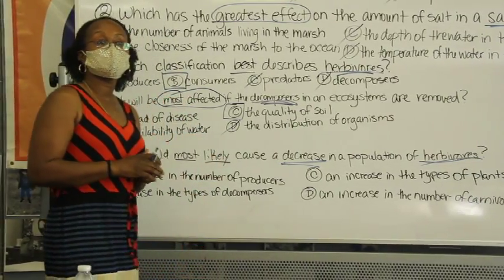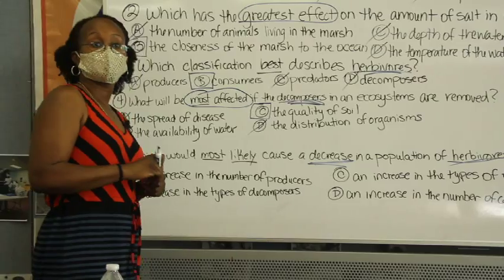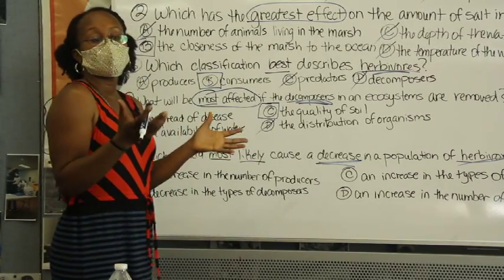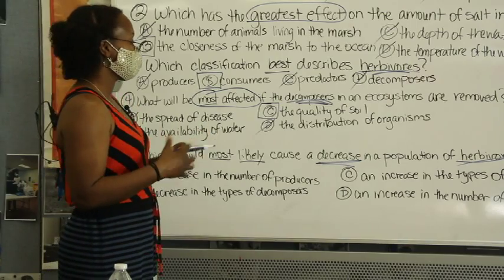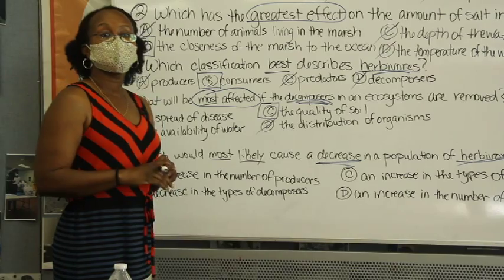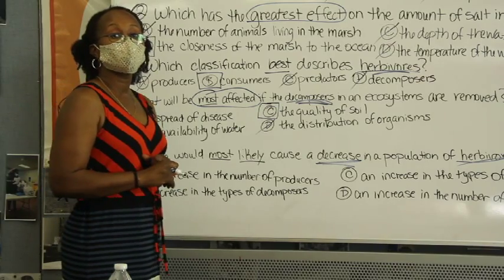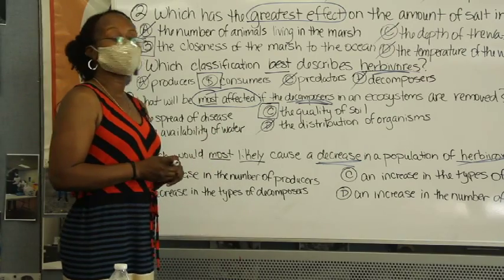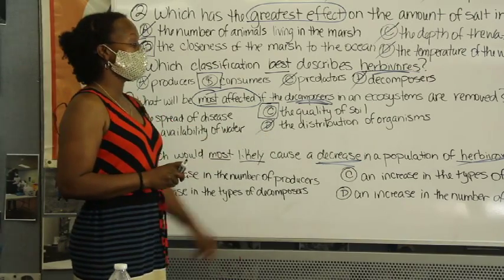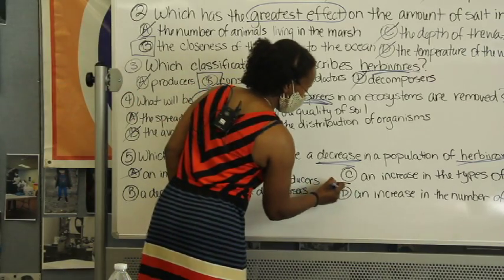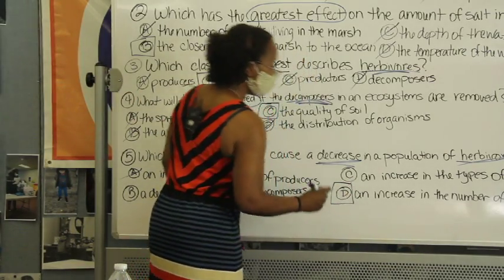So let's say you have 100 lions and you might have 200 herbivores in the area. What if your amount of lions increases? They're going to need food, right? And what can they eat? Herbivores. So that may decrease the population of herbivores. So I would go with that. I would go with D.